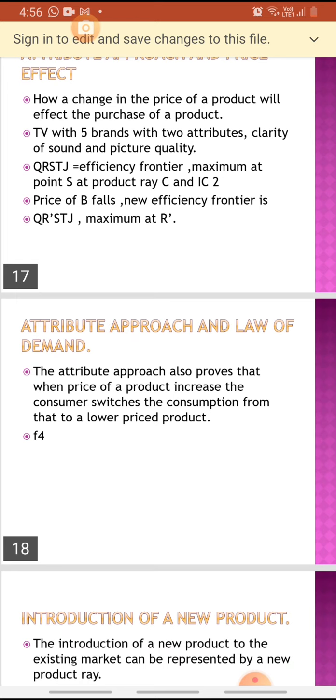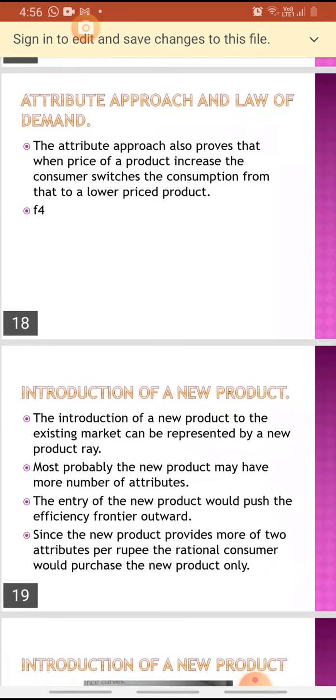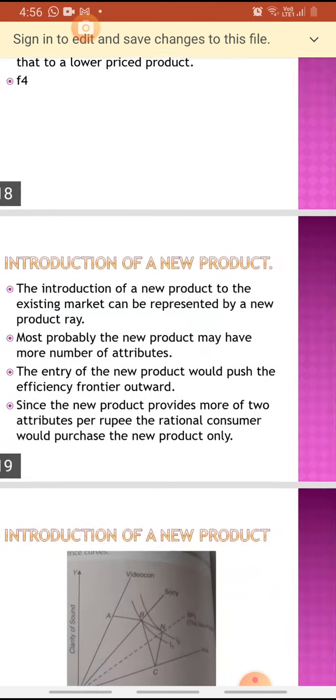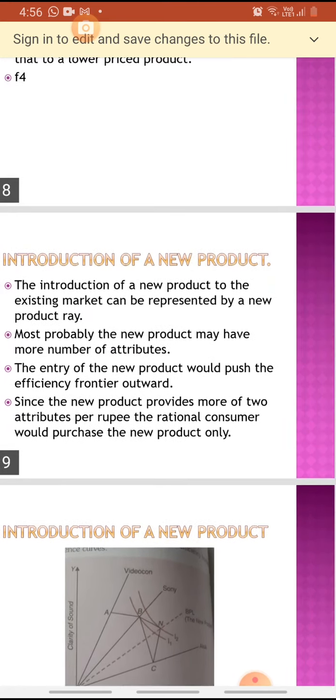Maximum point is R dash. Attribute approach and law of demand. The attribute approach also proves that when the price of the product increases, the consumer switches the consumption from high priced product to lower priced product. So it is given there.